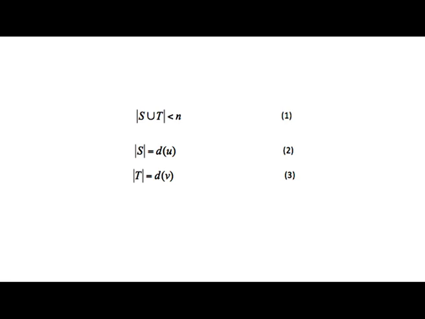Also, for every edge incident with u, there corresponds precisely one vertex vi in S. Thus, the number of elements in S equals the degree of u, equation 2. Similarly, the number of elements in T equals the degree of v, equation 3. Moreover, if vk is a vertex belonging to both S and T, then there is an edge e joining u to vk+1 and an edge f joining v to vk.